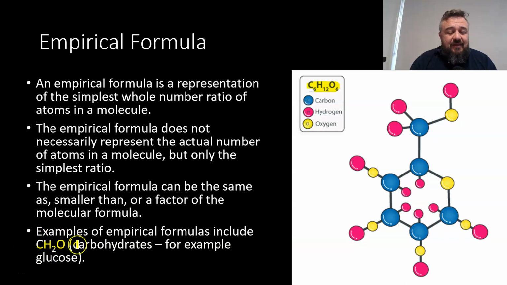So what that means is if we worked out the molar mass of CH2O, it would be 1/6 the molar mass of glucose, right? But all carbohydrates, and glucose is a carbohydrate, are going to have, well, your basic ones, this empirical formula here.